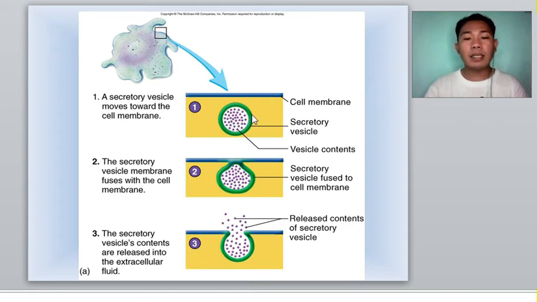Secretory means it secretes outside of the cell membrane. So the secretory vesicle membrane fuses with the cell membrane and later on releases the contents into the extracellular fluid.